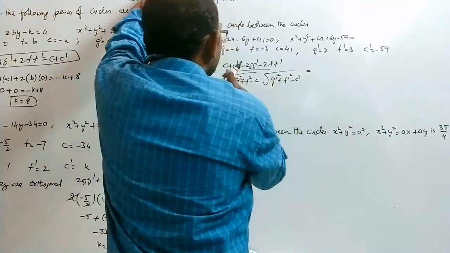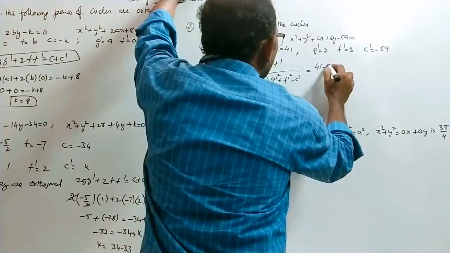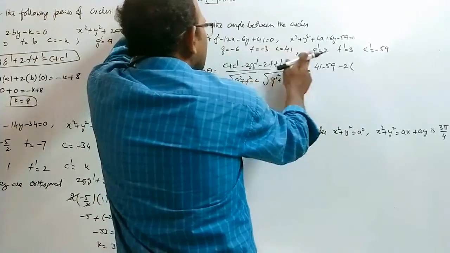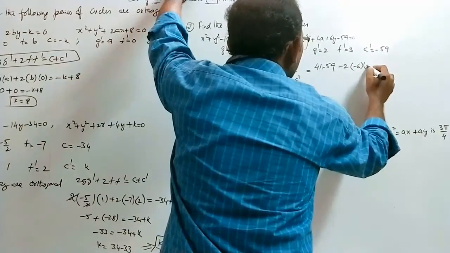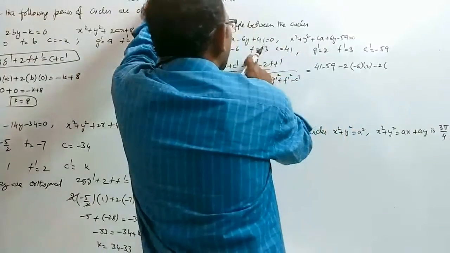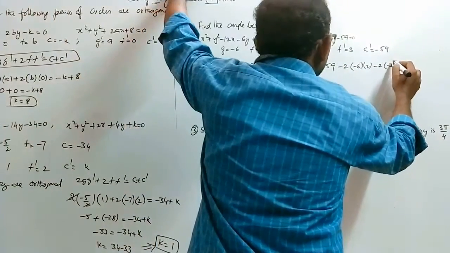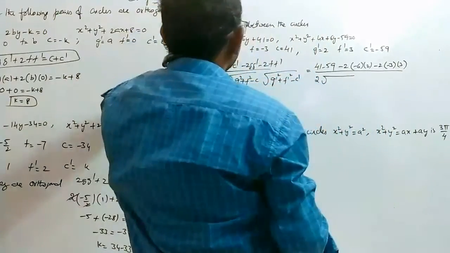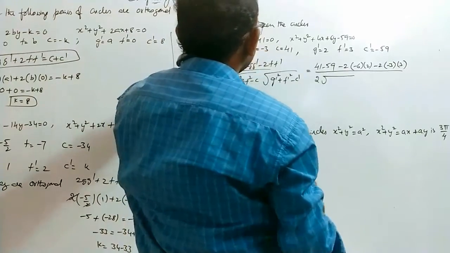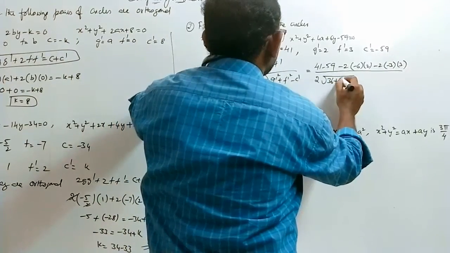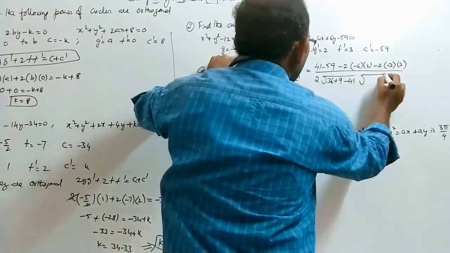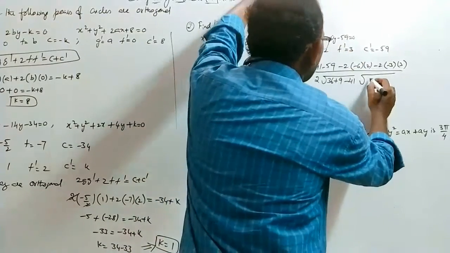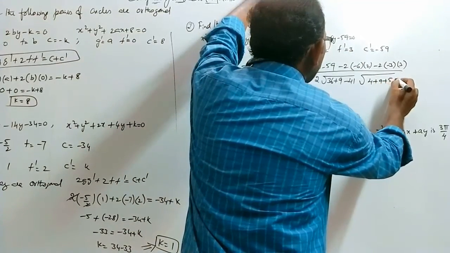Therefore that is equal to C plus C dash, 41 minus 59, minus 2 into G dash, minus 6 into 2, minus 2 into F dash, minus 3 into 3, by 2 into root of G square plus F square minus C. Therefore 36 plus 9 minus 41, into root of G dash square plus F dash square minus C dash, 4 plus 9 plus 59.